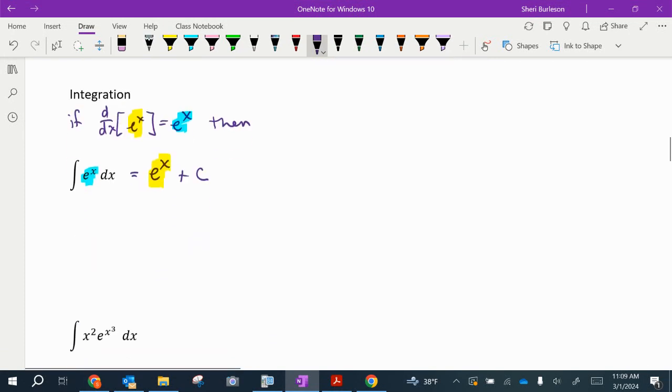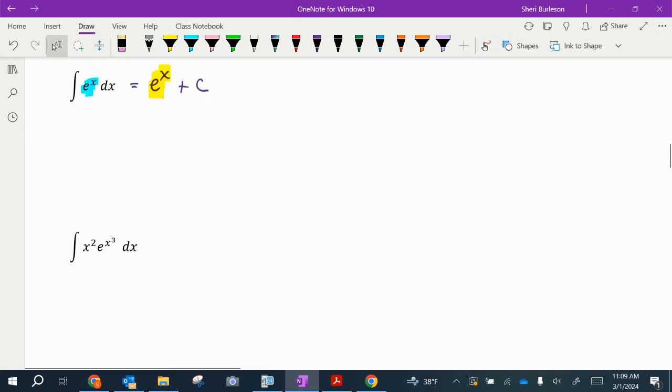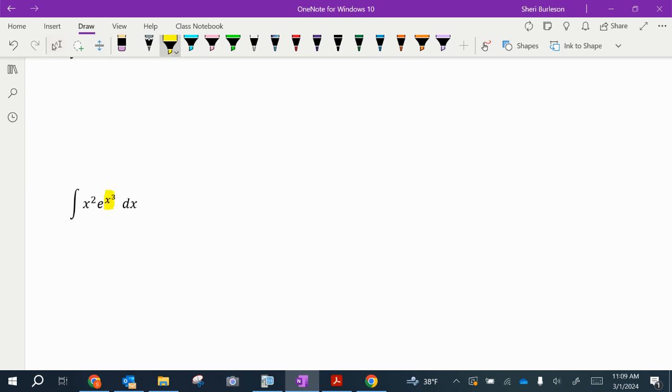So what we're going to be focusing on now is the thing that's going to make this most likely more difficult would be u substitution. So in this case, my inner function is x cubed. So if I let u equal x cubed, I'm trying to integrate x squared times e to the x cubed dx. So then du is 3x squared dx.